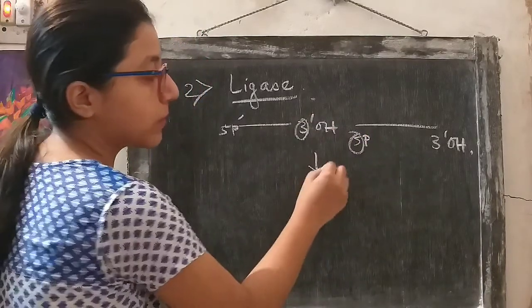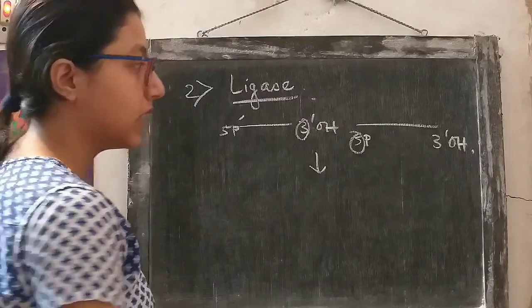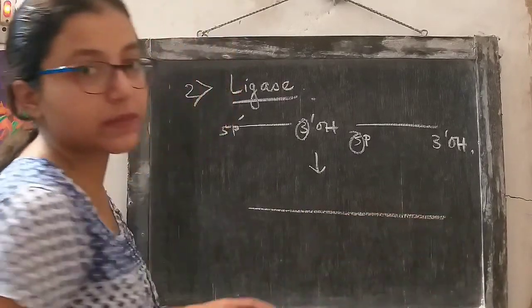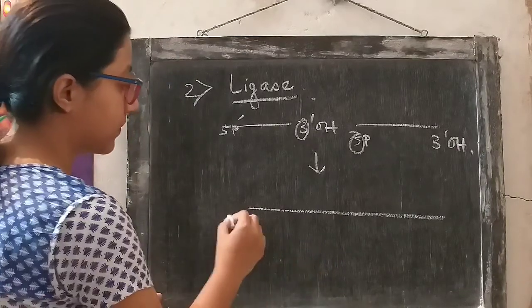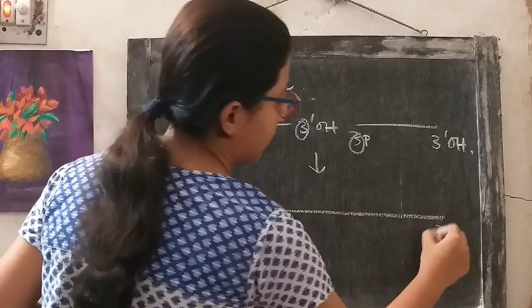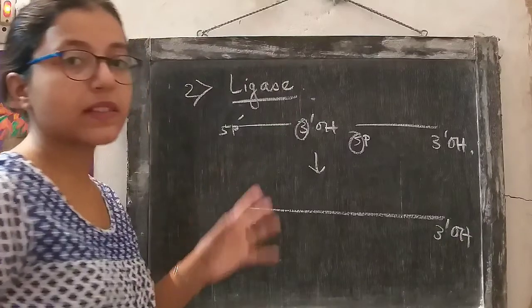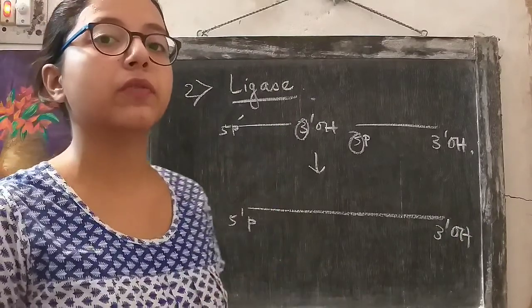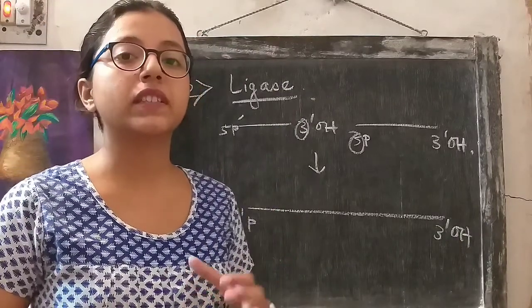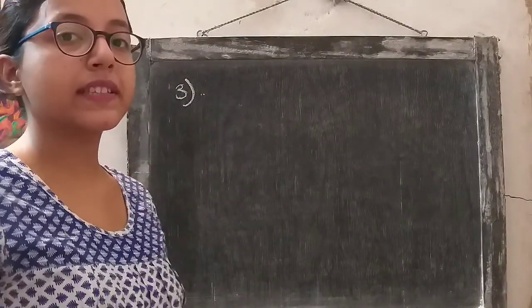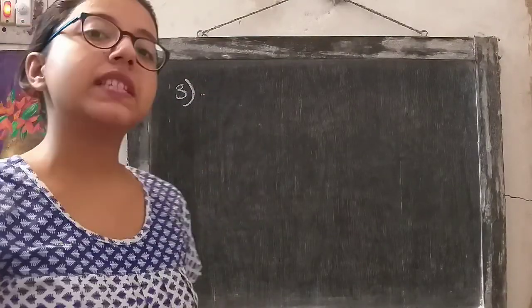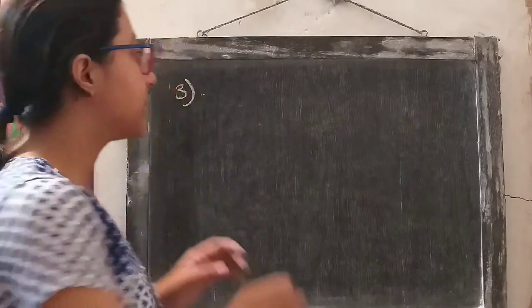Due to the formation of this phosphodiester bond, these two DNA fragments are ultimately joined together. So this is how the ligase performs its function and helps in the joining of two DNA fragments.